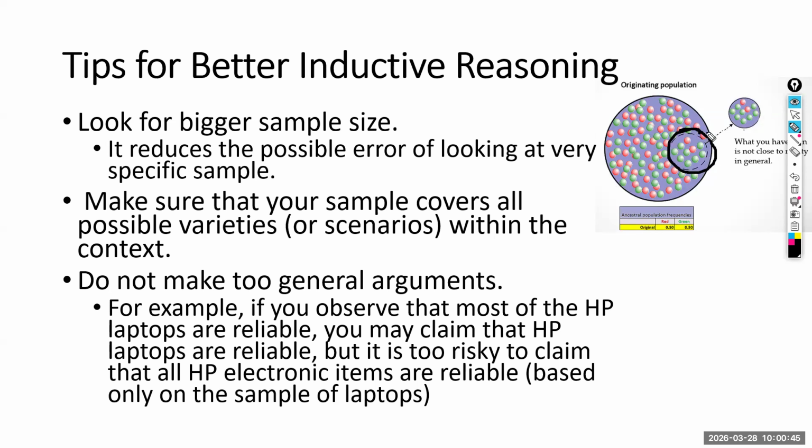But in reality, it looks like either 50-50 or it's mostly red. But unfortunately, your sample space is mostly green. So that is why we say a smaller sample space is not good when you build inductive reasoning. Because inductive reasoning is you look at the individual instances and try to come up with a general argument.